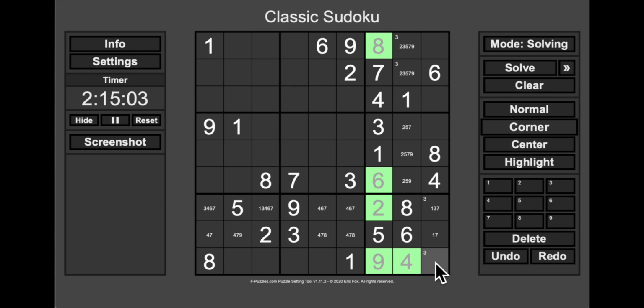Now, this cell is down to 1, 3, or 7, based on that's the only thing left in box 9, except this can't be 1.